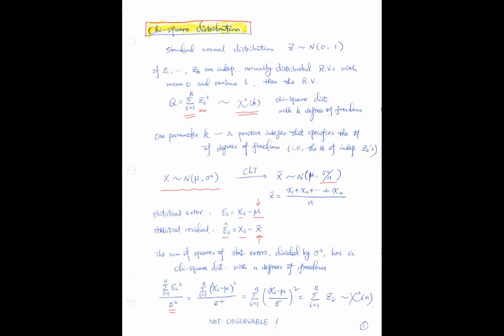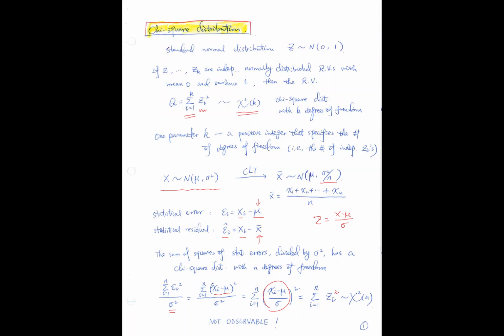Then if we put this error in the parentheses, we got xi minus mu. Then we put it inside. This is actually the standardization, because z equals x minus mu over sigma. So we have the sum of the squares of n standard random variables, the squares of independent zi's.